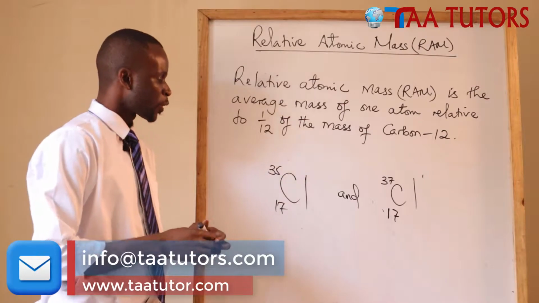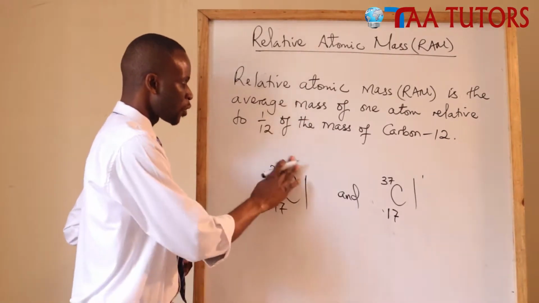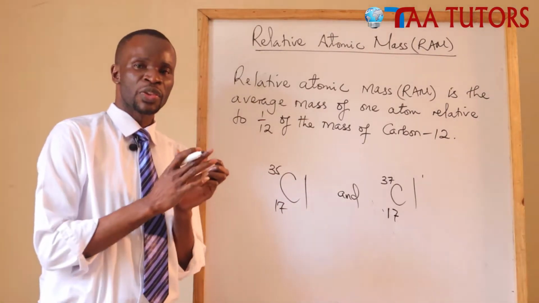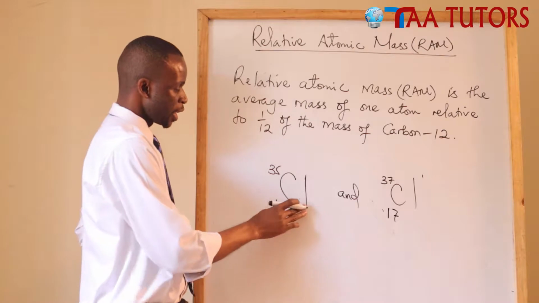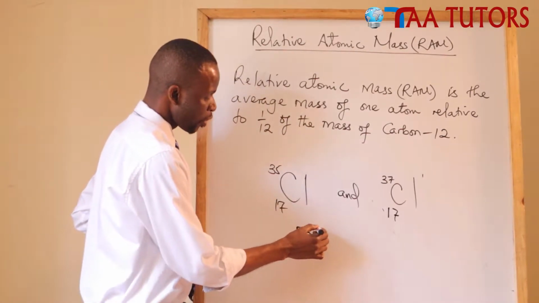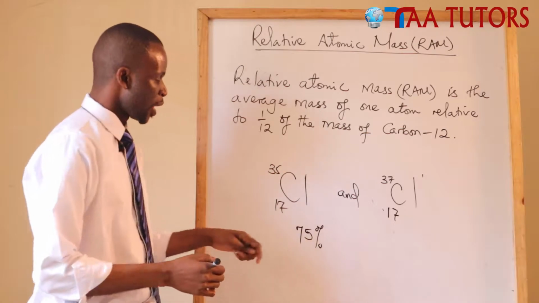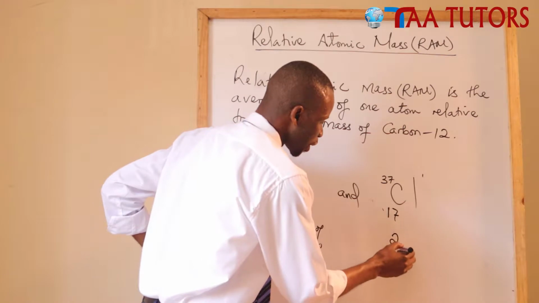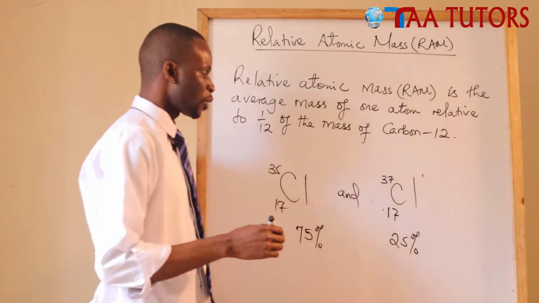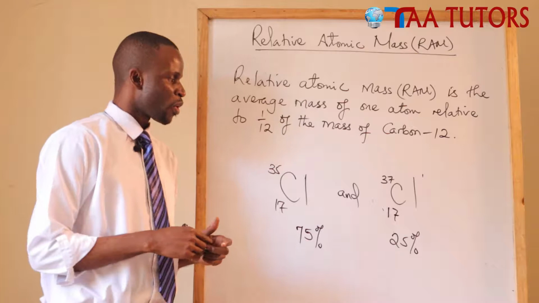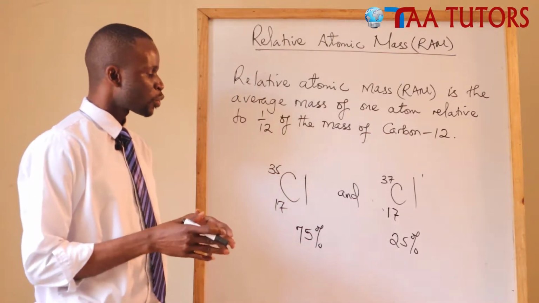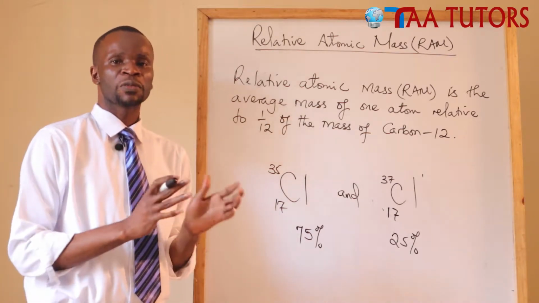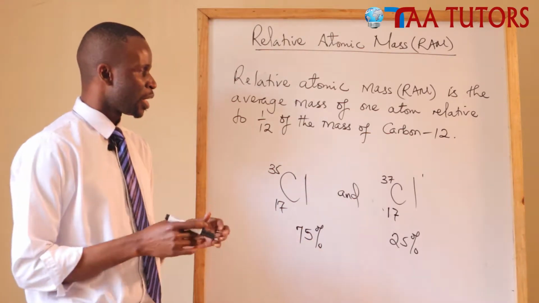If you have a gas jar full of chlorine gas, you will find that 75% of the chlorine inside carries chlorine 35 atoms, and 25% carries chlorine 37. That is what we mean by relative abundance or relative composition. They are never 50-50, and none is 100%.